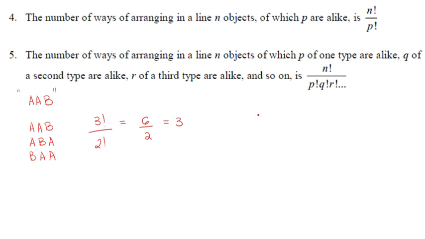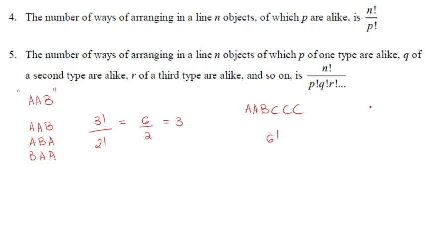So that would be a case like, let's say, A, A, B, C, C, C, for argument's sake. I'm not going to write out all the different arrangements, but we can calculate how many arrangements there would be. We have 1, 2, 3, 4, 5, 6 letters.